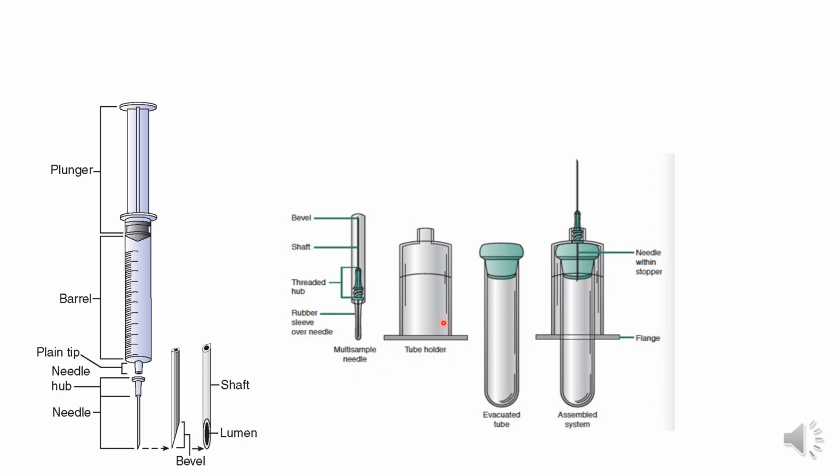It has a tube holder, it has a vacutainer tube, and when all these three are assembled together, this is how it looks. And every time from this very needle we can collect the sample in different tubes. So every time all we need to do is remove the tube and place another tube over here. So this is how the vacutainer system works.